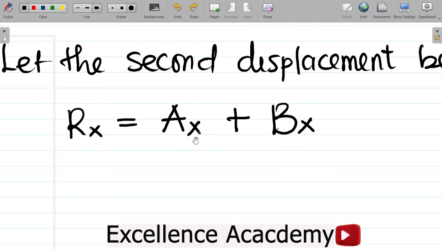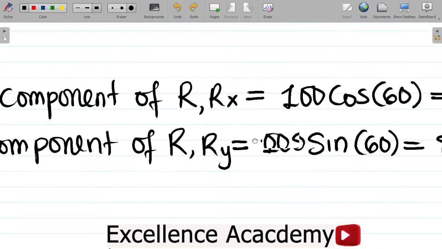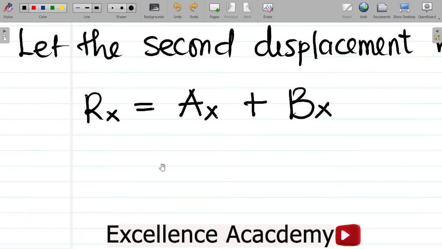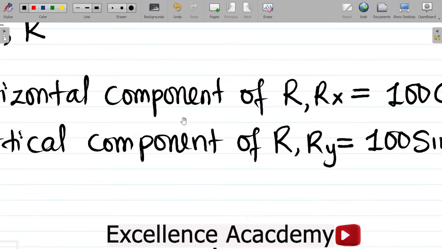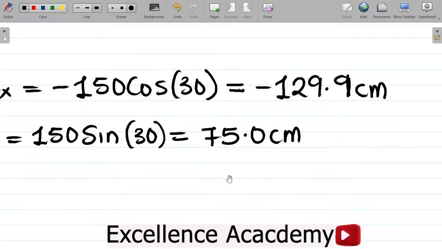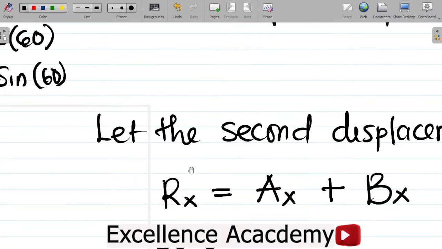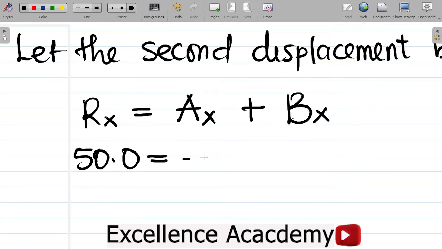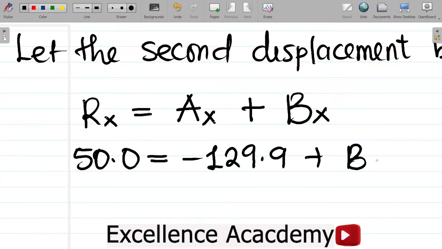For Rx, the value is 50.0 centimeters. It is equal to Ax, the horizontal component of A, which is minus 129.9, plus Bx, which is unknown.